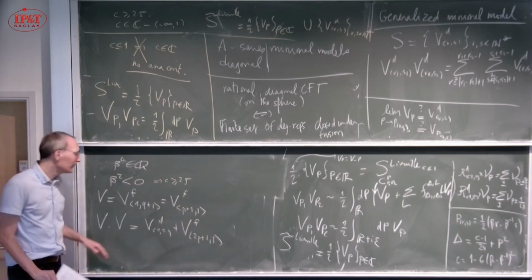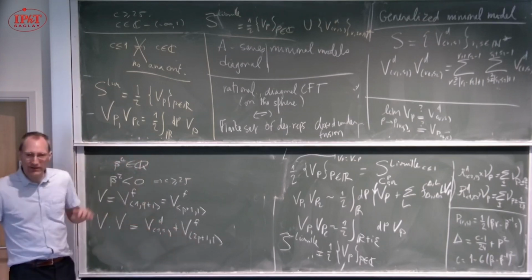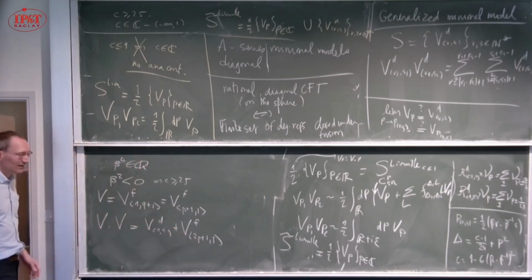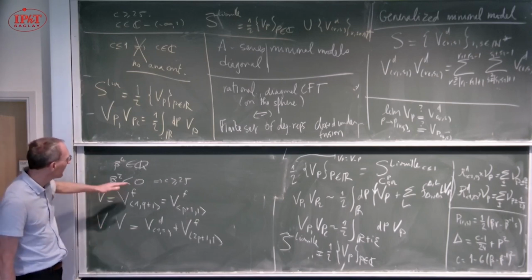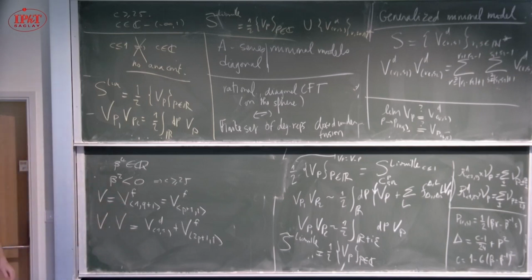And if you do it again, you'll see that the first index, nothing bounds it. You can still get infinitely many fields. So, although it's not a theorem, I think it's the general situation for beta squared negative. You can't get a finite set of degenerate fields that closes on the fusion.